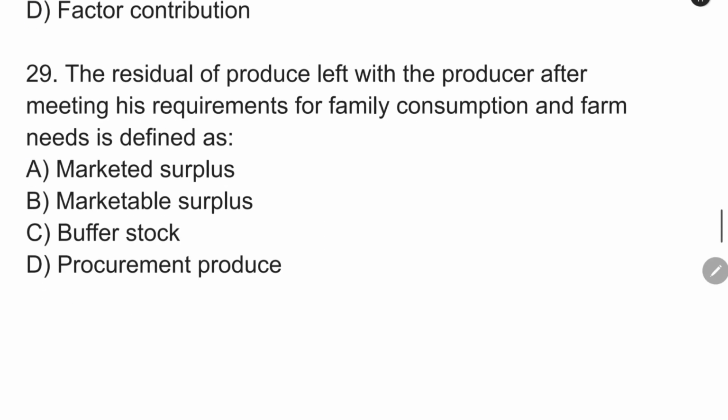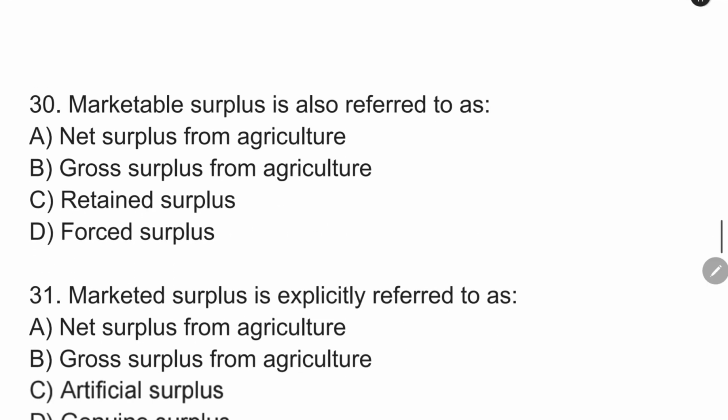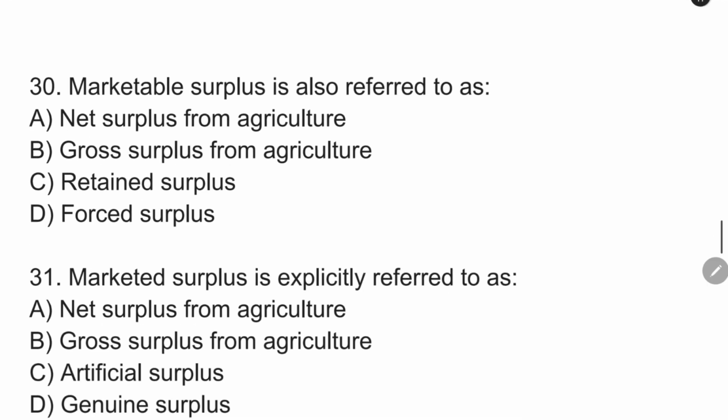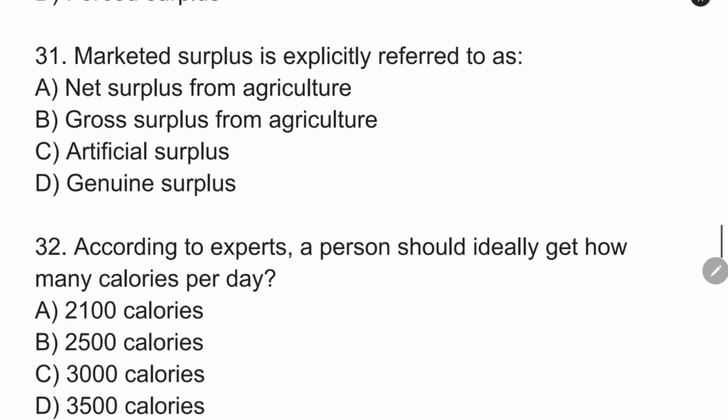The residual of produce left with the producer after meeting his requirement for family consumption and farm needs is defined as marketable surplus. Marketable surplus is also referred to as gross surplus from agriculture. Marketed surplus is explicitly referred to as net surplus from agriculture.